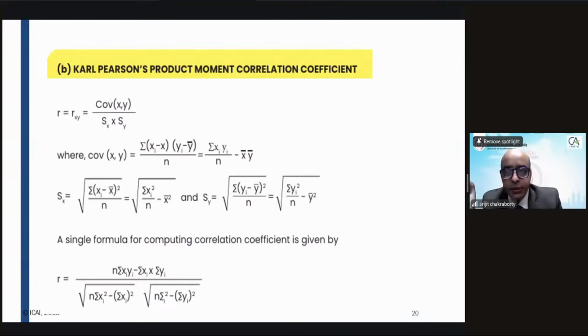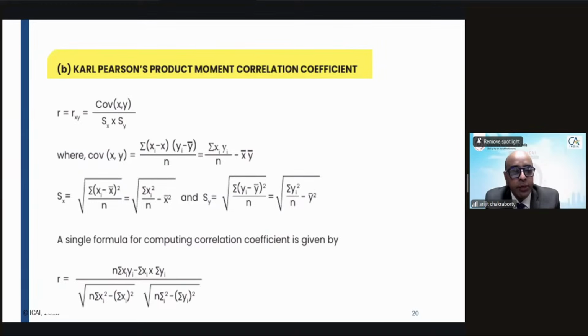So Karl Pearson's product moment correlation coefficient की अगर बात करें, so you can see the formula r_XY is equal to covariance COV of XY divided by sigma X into sigma Y. Okay, so please see the formula.